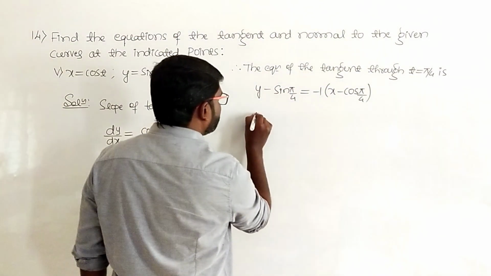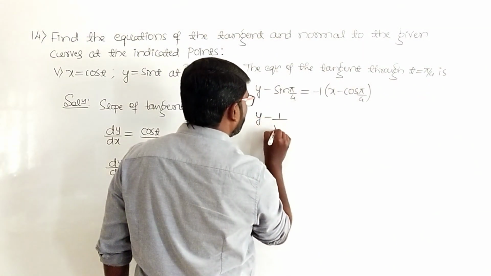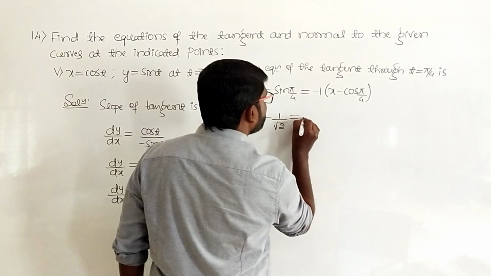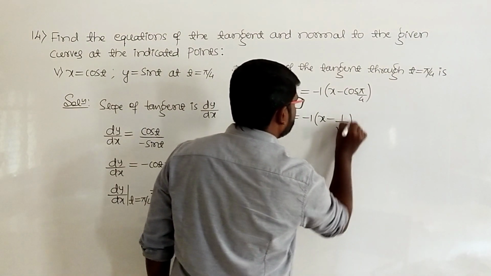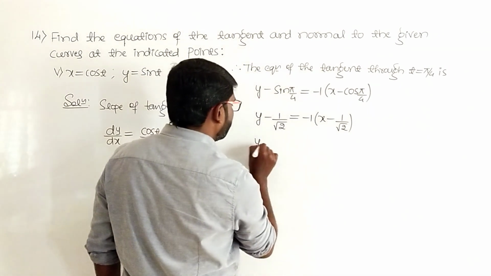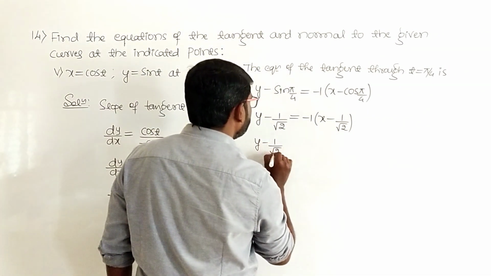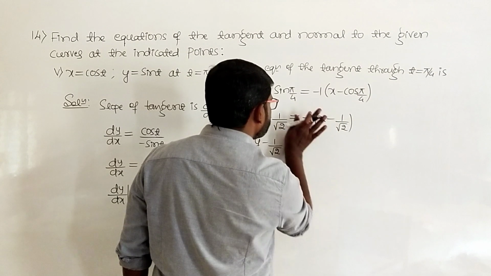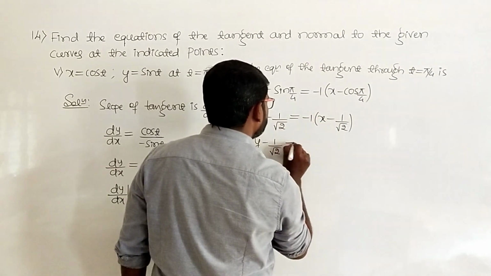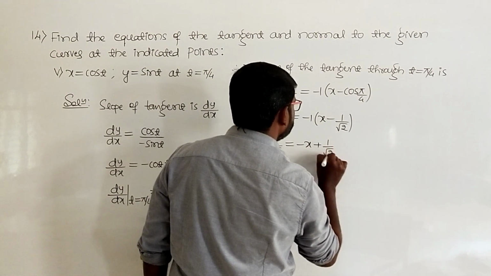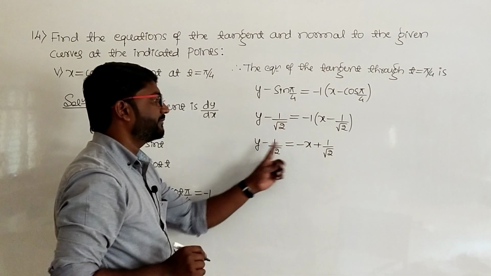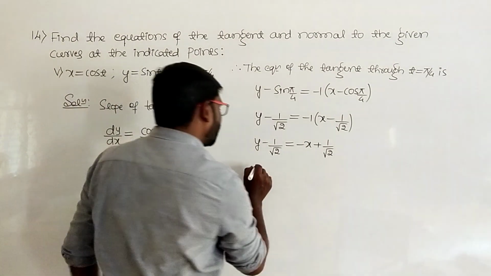So let us simplify this. y minus 1 by root 2 equals minus 1 into x minus 1 by root 2. Then we'll simplify this: multiply minus with these two terms, you get minus x plus 1 by root 2. I take minus x to the left hand side and minus 1 by root 2 to the right hand side.